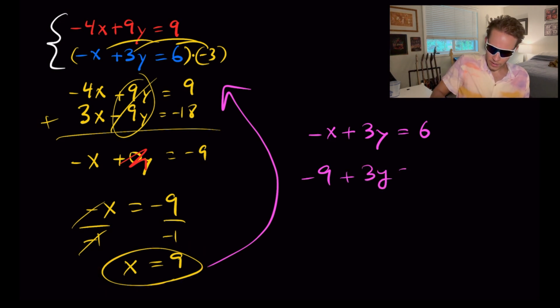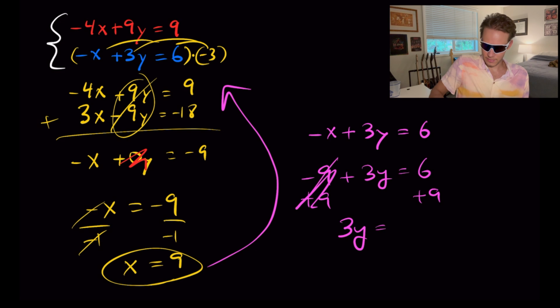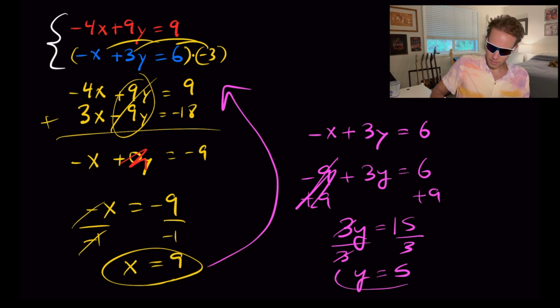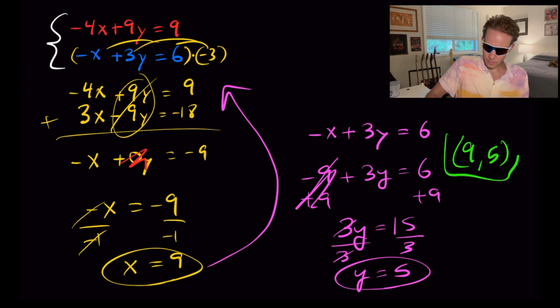Plus 3y is equal to 6. I'm going to add 9 to both sides. That cancels out. We'll have 3y is equal to 6 plus 9. That is 15. Divide both sides by 3 to get y by itself. And we get y is equal to 5. So this solution is going to be 9, 5.